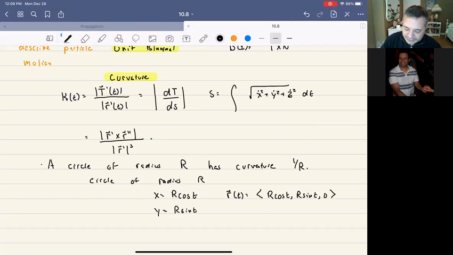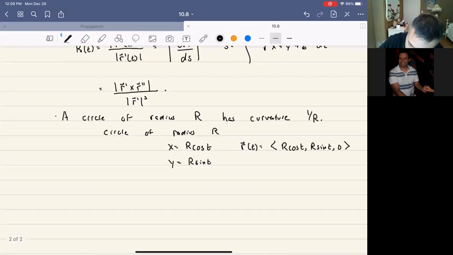Let's use this definition. So r prime is going to be negative r sine t, r cosine t, 0.